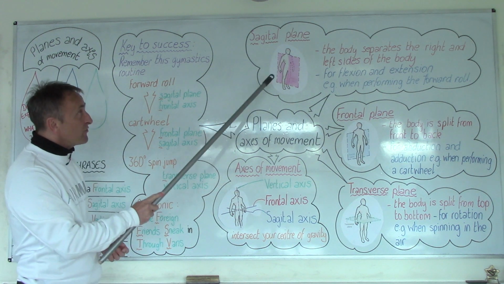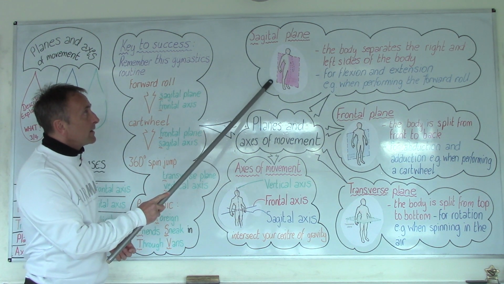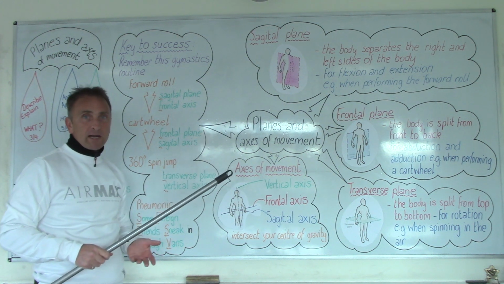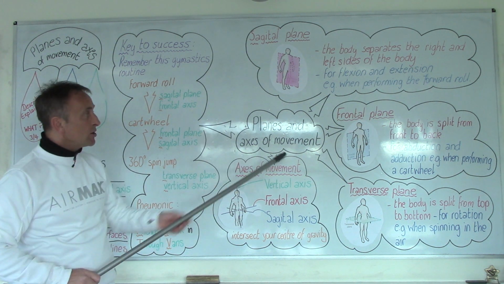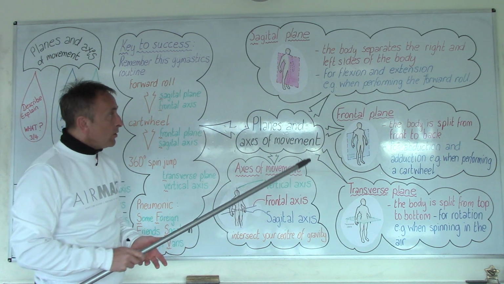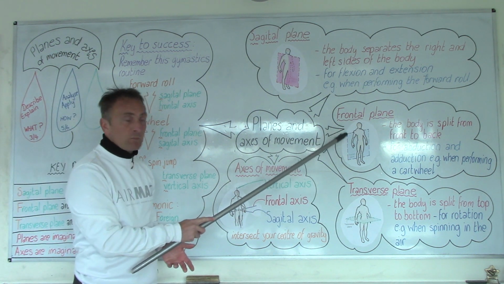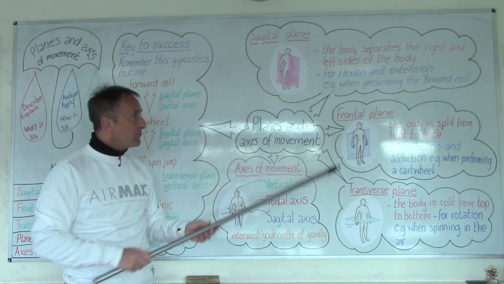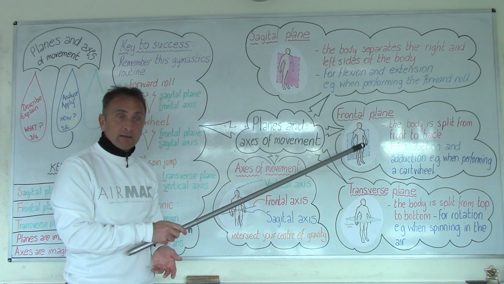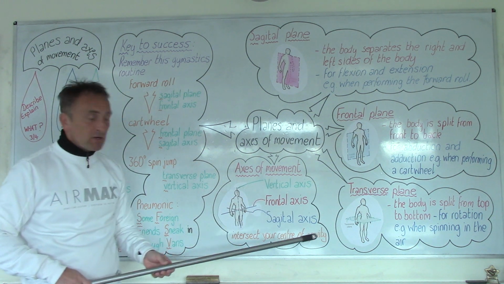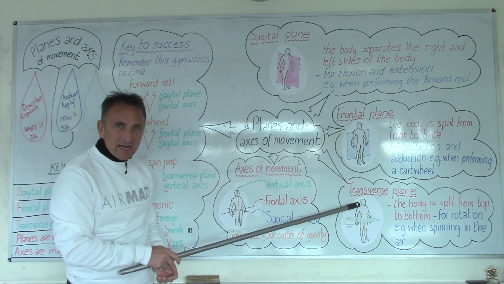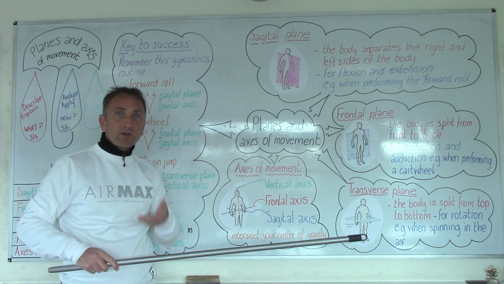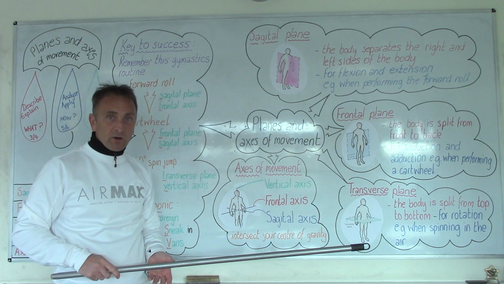So you can see from this sagittal plane that the body is separated from left to right. Let's go to my blue jelly baby, who's working on a frontal plane. You can see from the frontal plane that the body is separated from front to back. And then my transverse plane is an imaginary flat surface that separates the top half of the body from the lower half of the body.